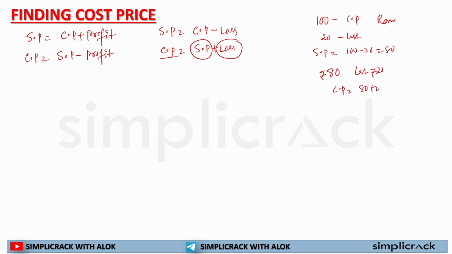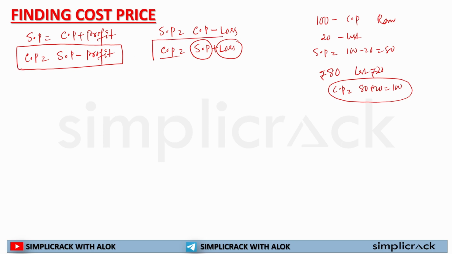You can say, sir, 80 plus 20 is equal to 100. I hope you are getting this point as well. You are losing 20 from the cost price. So either way you can write cost price is equal to selling price minus profit, or cost price is equal to selling price plus loss.